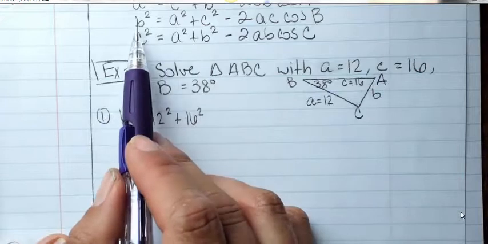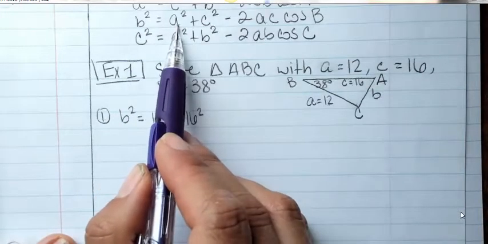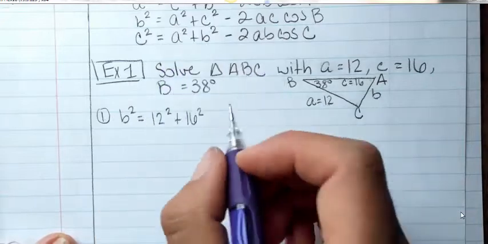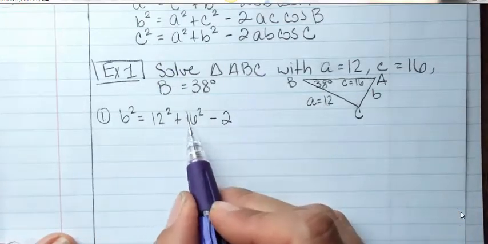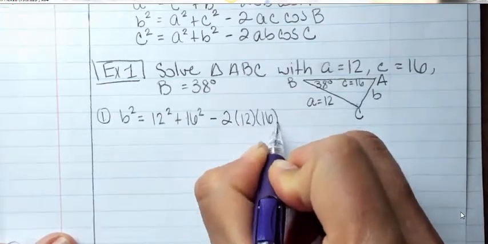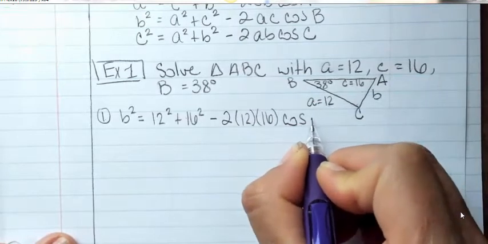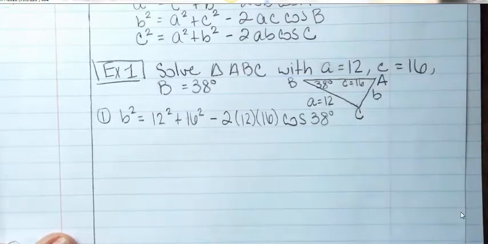Whatever side you're starting with, those aren't the two sides that you add together. You take the other two. And then from that, I'll minus 2 times those other two sides multiplied together, 12 times 16, and then cosine of angle B, which is actually 38 degrees.